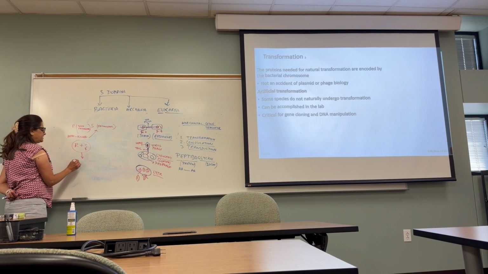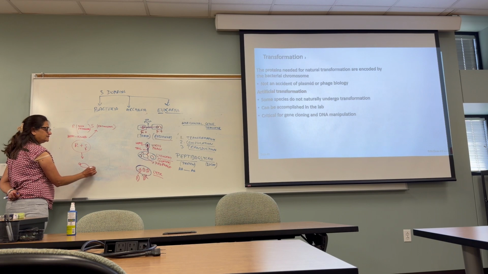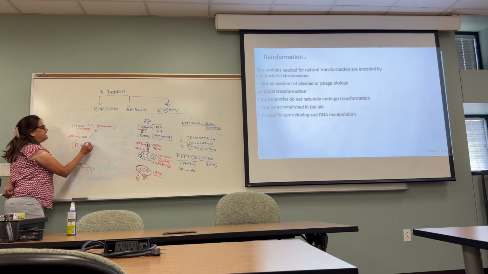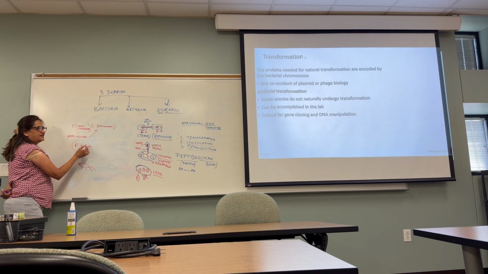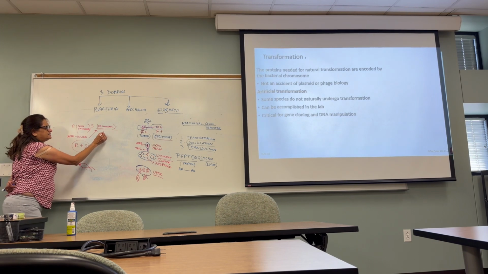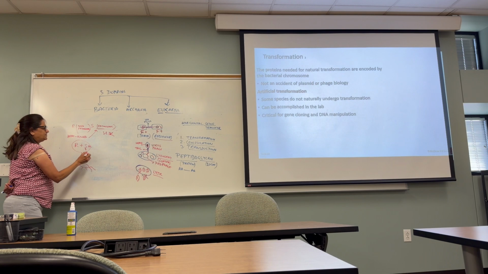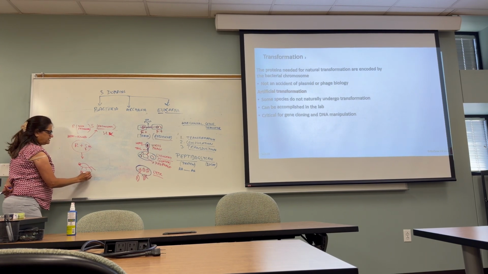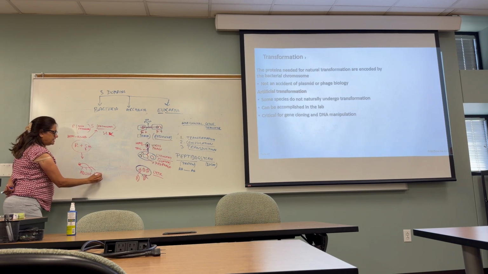And when you injected this concoction, heat killed S, HKS, into a mouse, you would think that because the S type is pathogenic but heat killed, it should not cause the mouse to die. Mice should not die, but the mouse dies.